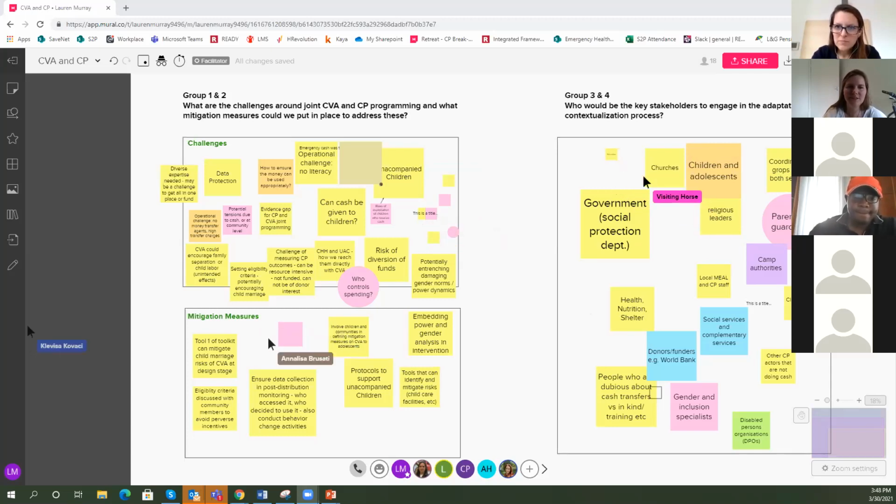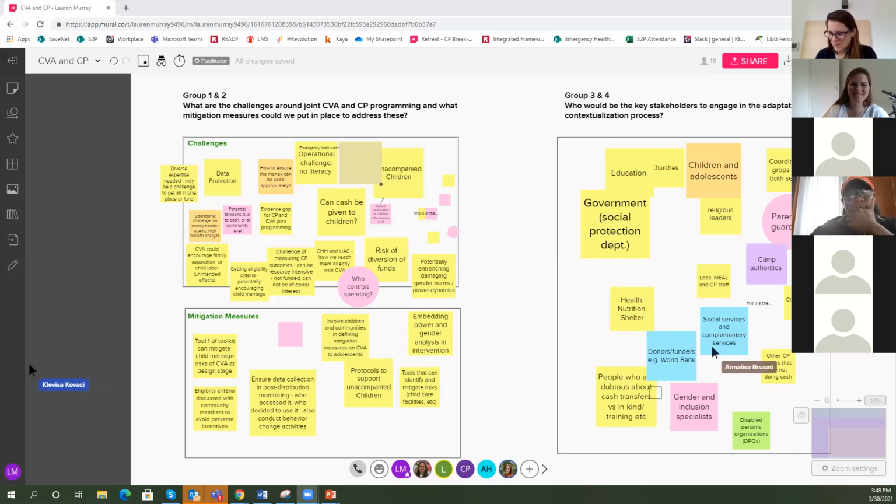Great, thanks so much. And Hannah, do you want to talk a bit about your group in the discussion? Sure, yeah. I'm afraid we didn't use Mural, or I certainly wasn't adding to Mural as we went along, but I can add to it now. I've written notes. So we were talking about the different stakeholders we want to engage in the contextualization process.